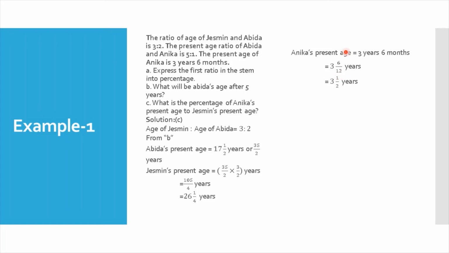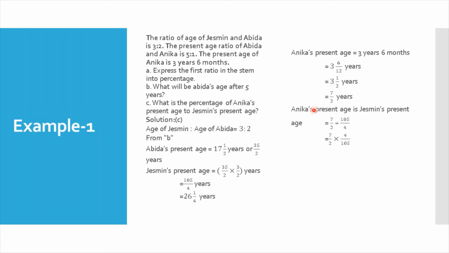So if we reduce 6 by 12, what do we get? 1 divided by 2. So 3.5 years equals 7 divided by 2 years, because 3 into 2 is 6, plus 1, that would be 7 divided by 2 years.